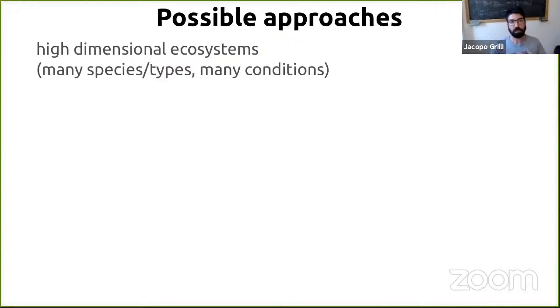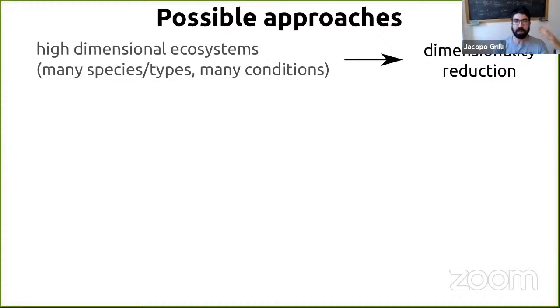Great. So in general, I think the main difficulty in microbial ecology is that we are dealing with very high dimensional ecosystems where we have many, many different species, many types, many conditions. And when we deal with high dimensional data, we need somehow to do some sort of dimensionality reduction.